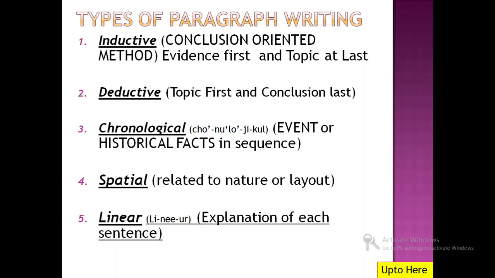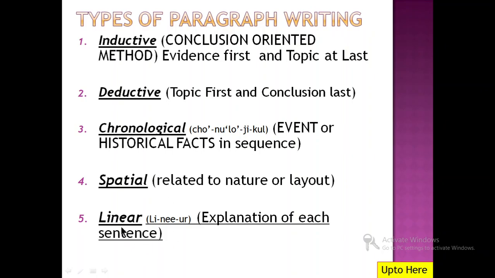Yes or no? Spatial way of paragraph writing is related to nature, the surrounding nature, or layout, meaning the things scattered there, the things you encounter in front of you. Is that clear? Okay. This was the spatial way of paragraph writing, and the last one is linear.